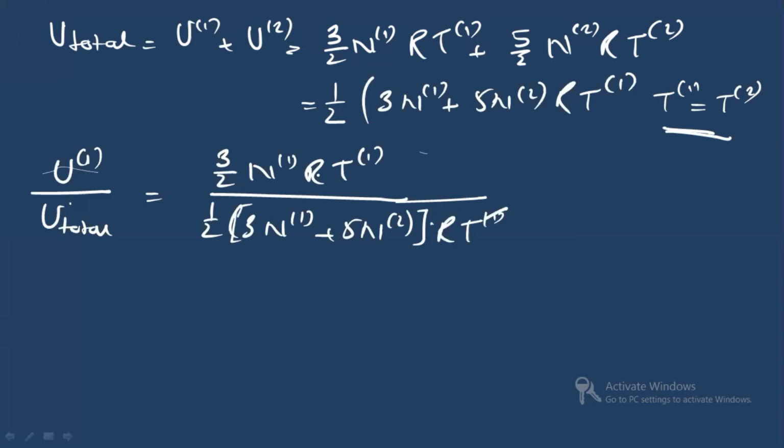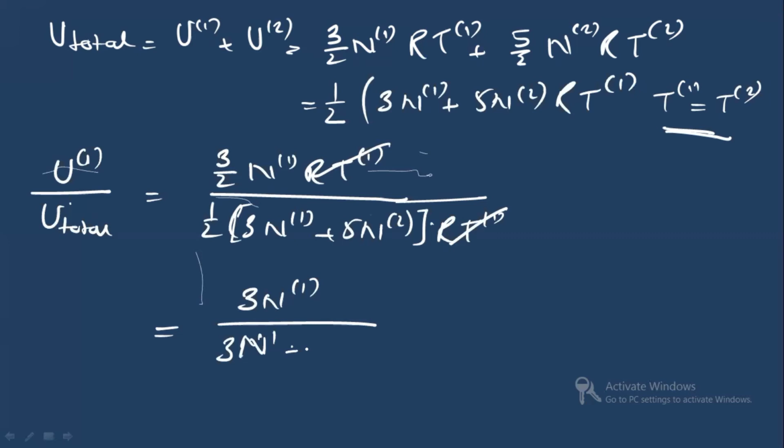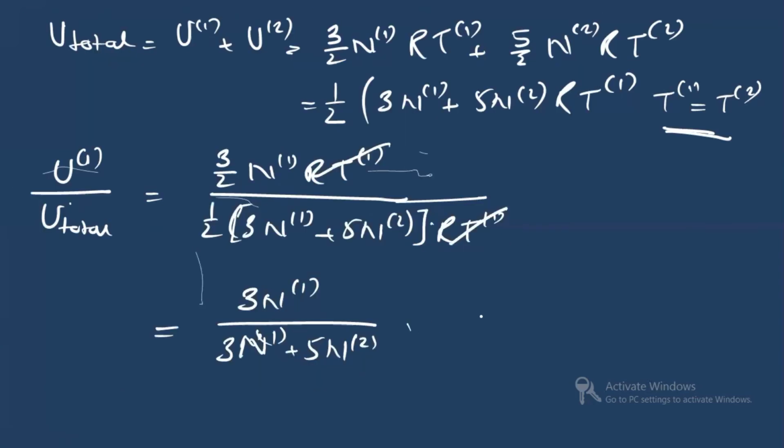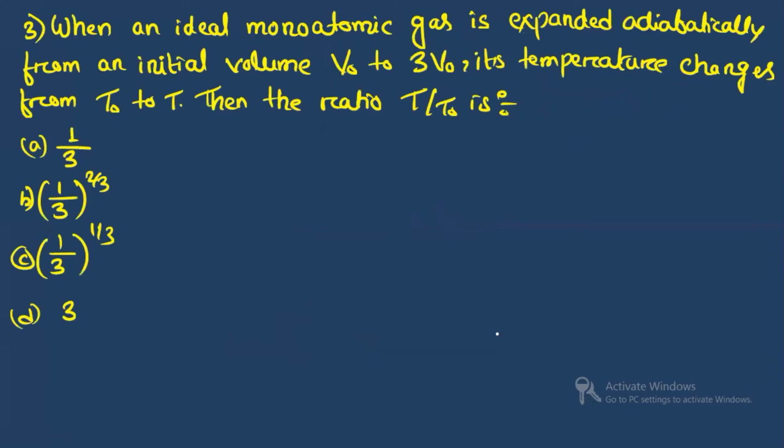So RT1 will get cancelled from numerator and denominator, also this half will get cancelled, and you will have the ratio to be 3N1 divided by 3N1 plus 5N2. Now let's check the option. So the correct option is option B here. You have to just see the values of U1 and U2 from the given equations, find U total and just take the ratio.